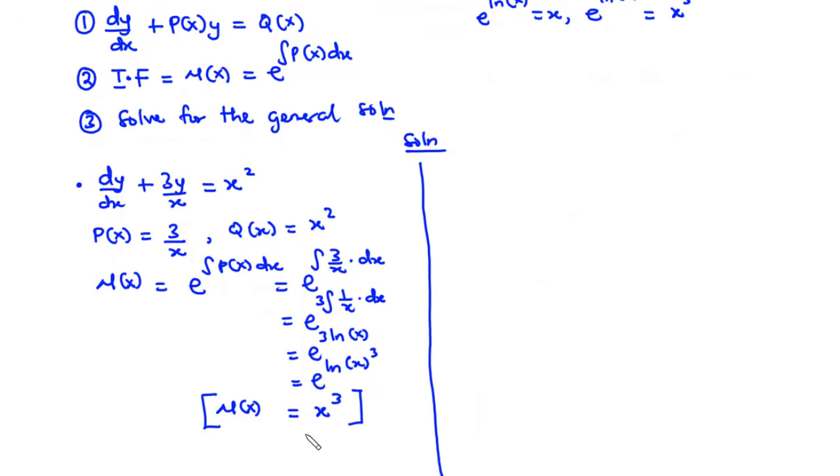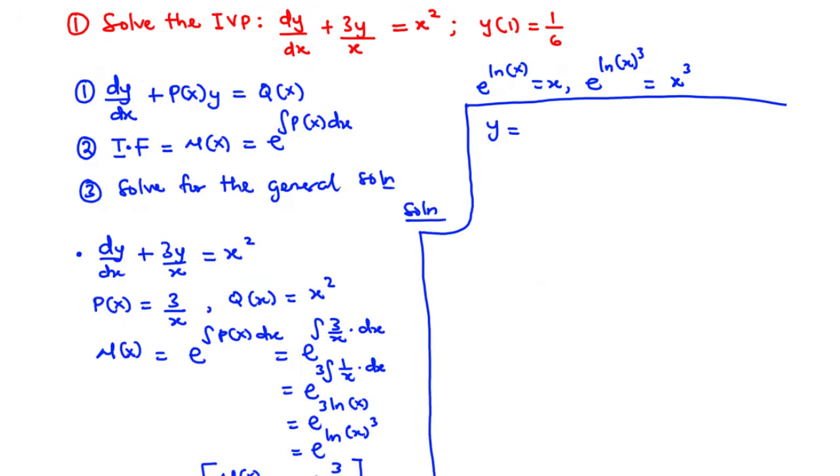After finding the integrating factor, the next thing we are going to do is to solve for the general solution. That is given by y equals 1 over mu of x times the integral of mu of x times q of x dx plus c.